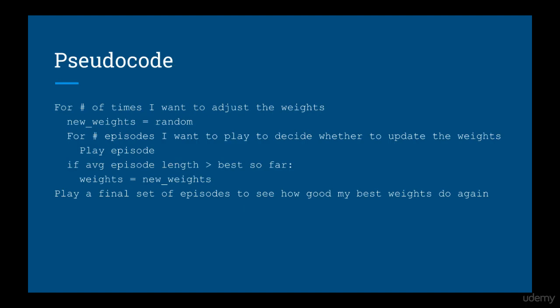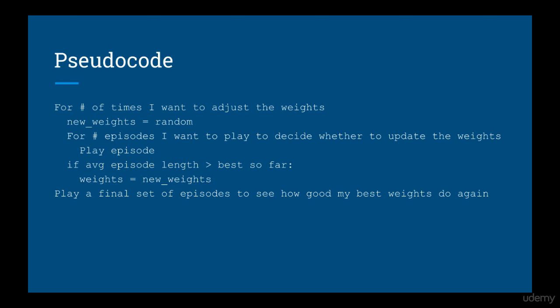Let's do a quick overview of the algorithm in pseudocode. First, I'm going to choose the number of times I want to attempt to adjust the weights. For that number of times, I'm going to generate new weights randomly. Then I'm going to play a number of episodes with these new weights. I need to try more than once, just in case an episode is really long just by chance. From this, I'll calculate the average episode length.